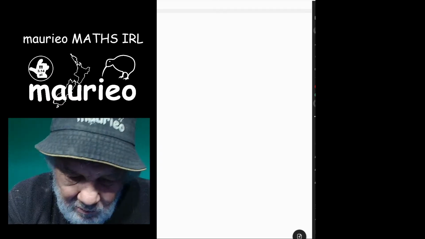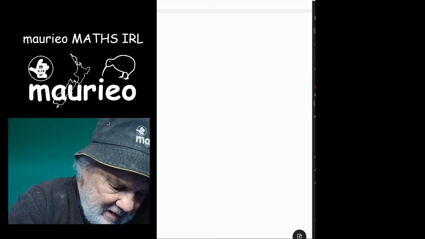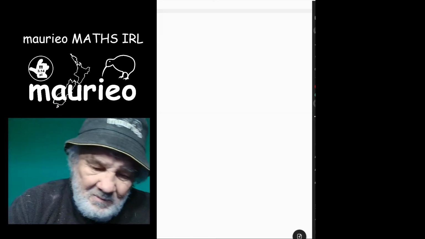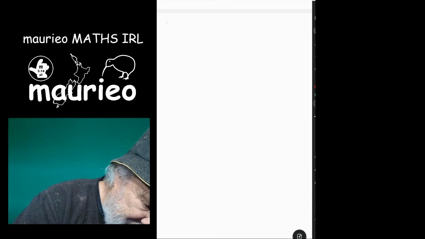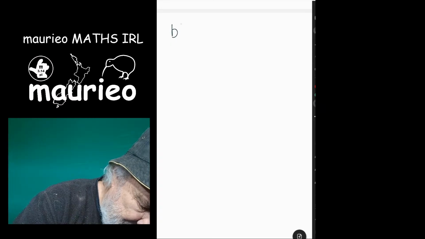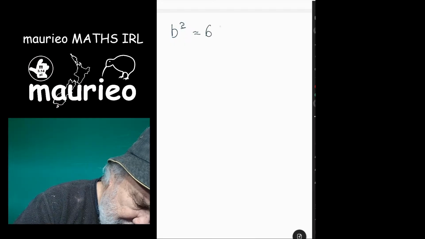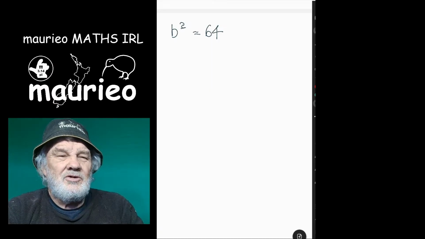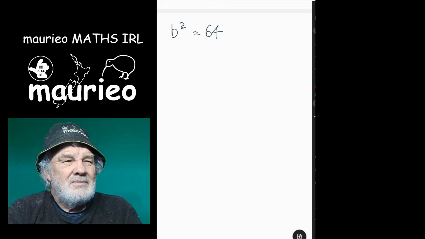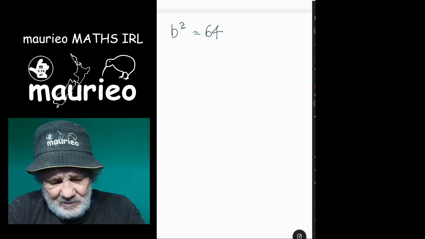And we also looked at square roots. So let's try something else. Let's say b squared equals 64. So what is b?